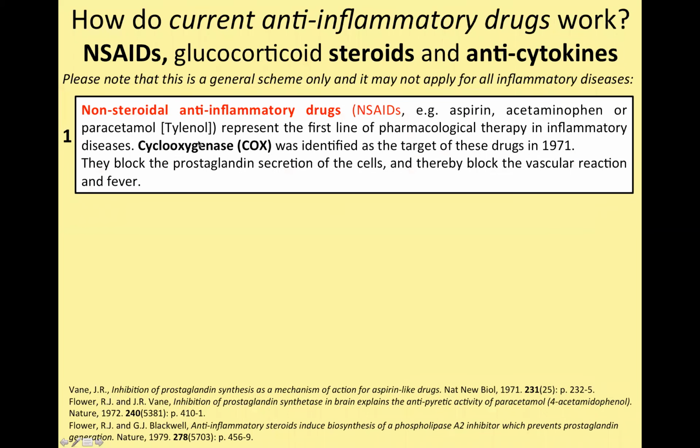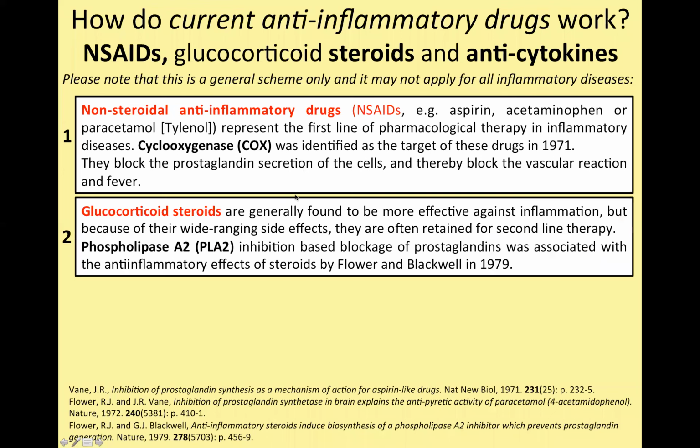Currently, we usually have a stepwise treatment. Non-steroidal drugs are the first ones we use: simple aspirin, paracetamol, Tylenol, or any other COX inhibitor can be used. If this one is not enough and they are off-shelf available, we may use a glucocorticoid steroid.